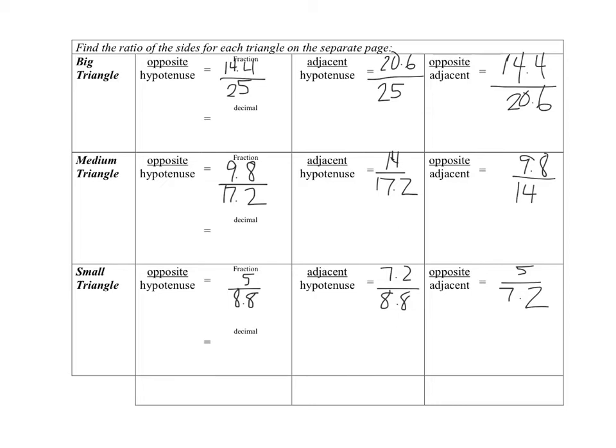So this first one is going to be 0.5760. And then the adjacent over hypotenuse is 0.8240. And the opposite over adjacent is 0.6990. Okay, for the medium triangle, the opposite over hypotenuse is 0.5698.